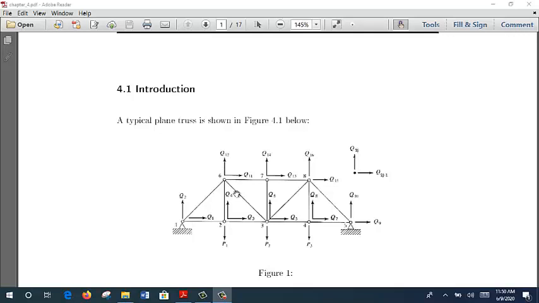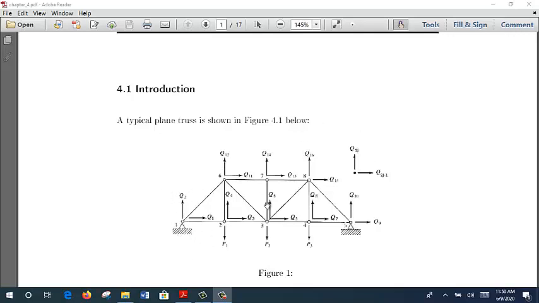This is how our trusses look. From here we can see this is our node. We have node 1, node 2, node 3, node 4, node 5, node 6, node 7 and node 8. For every node we have our degrees of freedom. One node has 2 degrees of freedom, so in total we have 18 degrees of freedom.